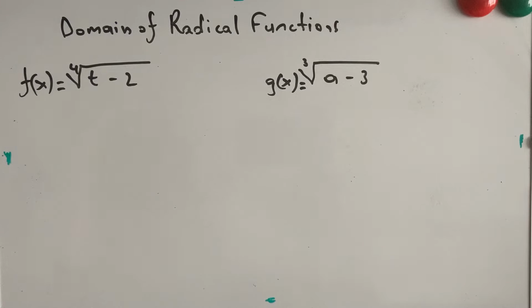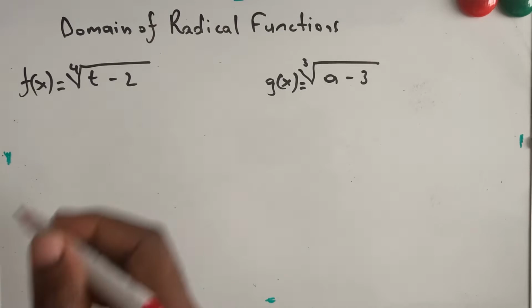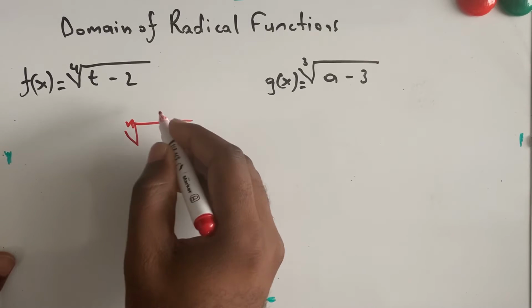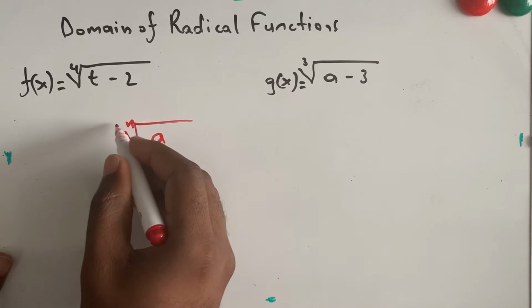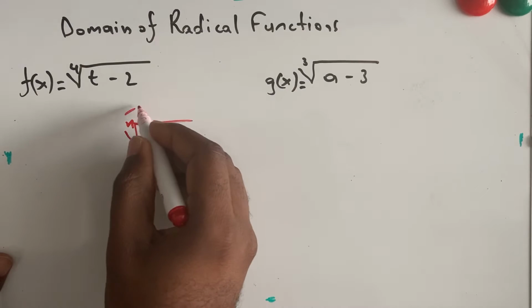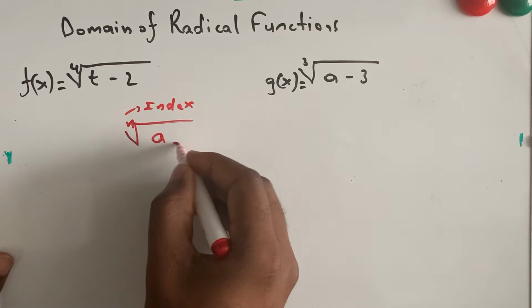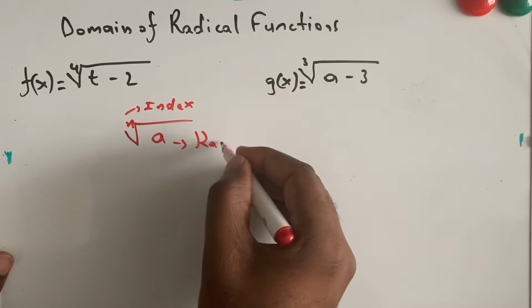One thing to know, and I don't remember whether I explained that in my other video, is that for radicals written like this, the nth root of a, remember this is the index right here, and this is the radicand.